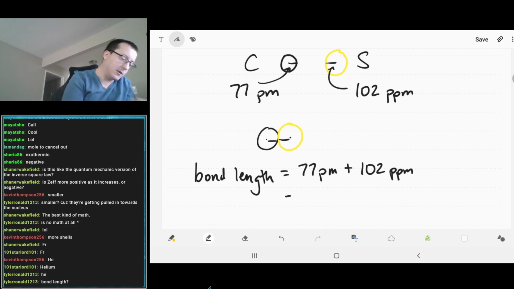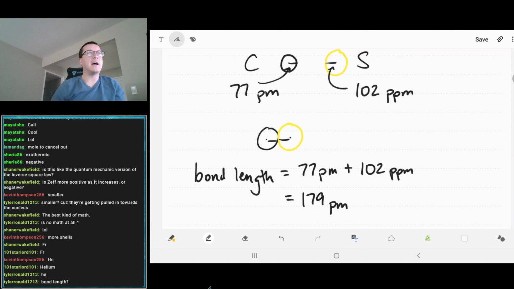Which equals, what is it going to be? 179 picometers. How exciting. We can do this math. In reality, it's a little bit bigger than this. I think it's like 182 picometers. Don't worry about it. These are estimations.